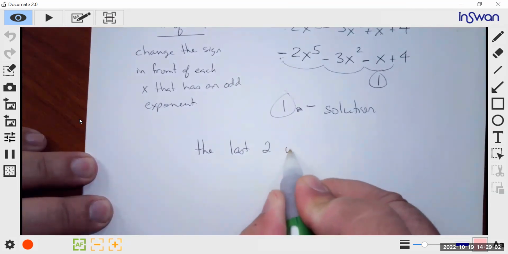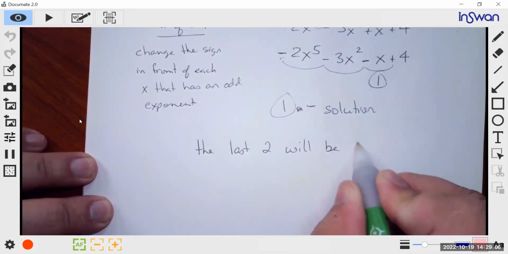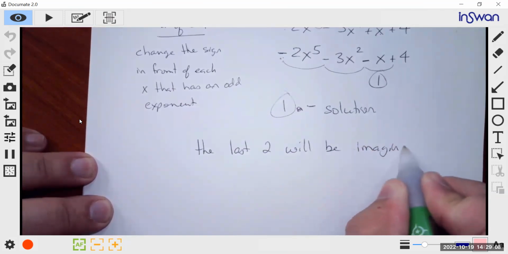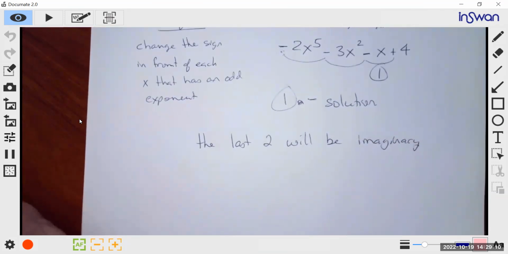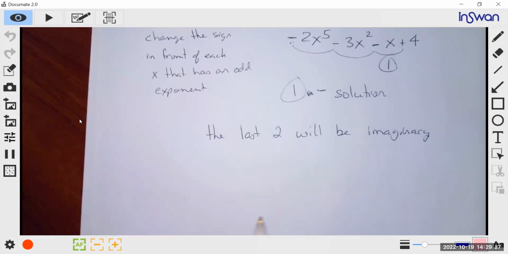The last 2 will be imaginary, because imaginaries have to always travel in pairs, the conjugates. So we know we're going to have 1 negative answer, 2 positive answers, and 2 imaginary answers.